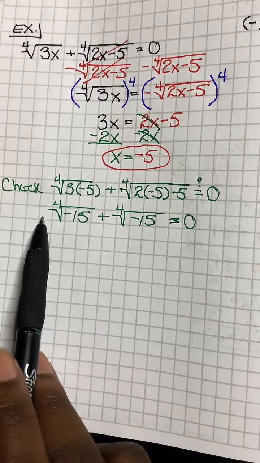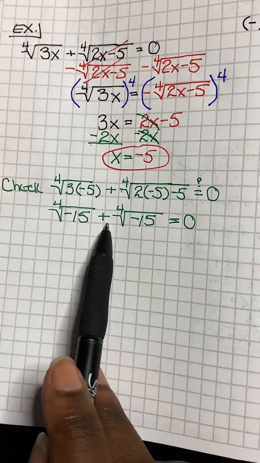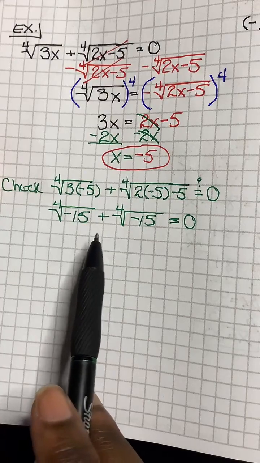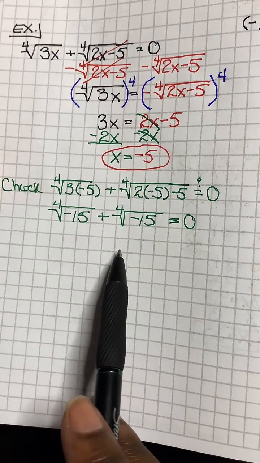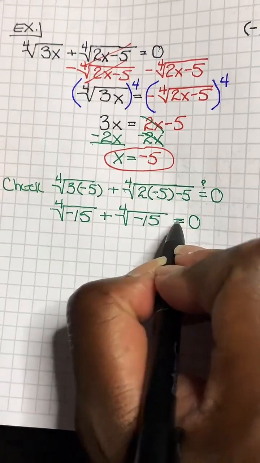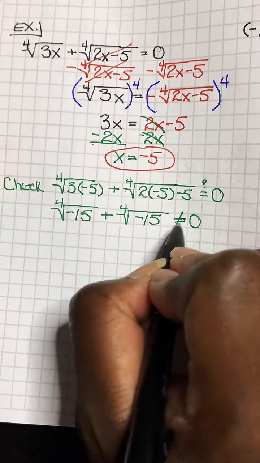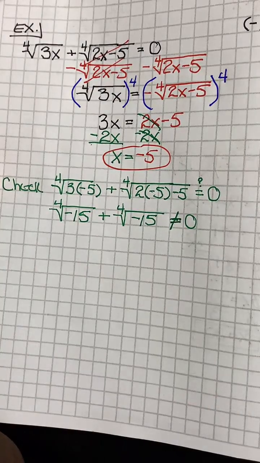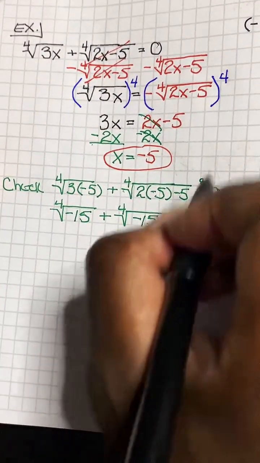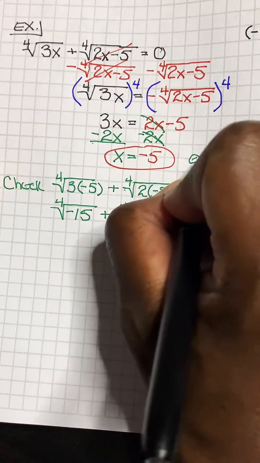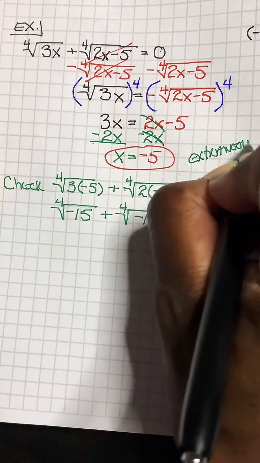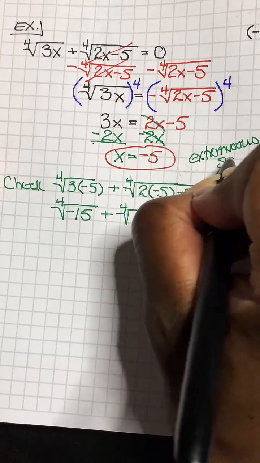I know you're counting the coefficients in front of these radicals, which is great. It's going to be 2, the fourth root of negative 15. No matter what, that does not equal 0. So that means that negative 5, that is an extraneous solution. Extraneous solution.